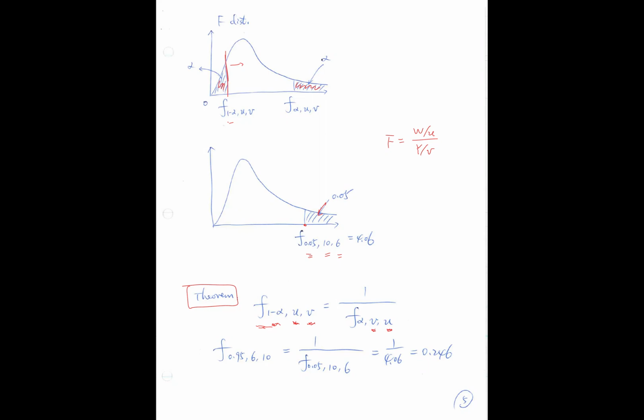So in other words, if you have F.95, 6, and 10, this will equal F.05, 10, and 6 inverted. We know this F.05, 10, 6 is 4.06, so this will become 0.246.